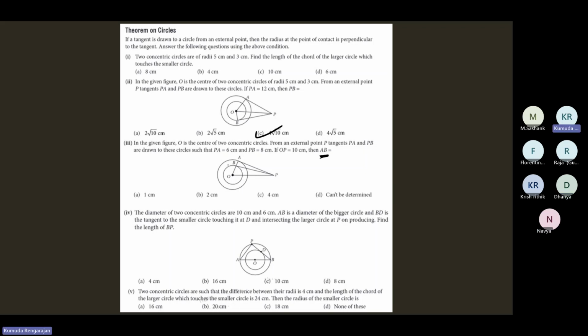Okay, from X, PA and PB are drawn to these circles. PA is 6, PB is 8, all right. OP is 10, okay. AB. But why so much information for AB have they given? Okay, children, tell me, is ABP a right triangle?